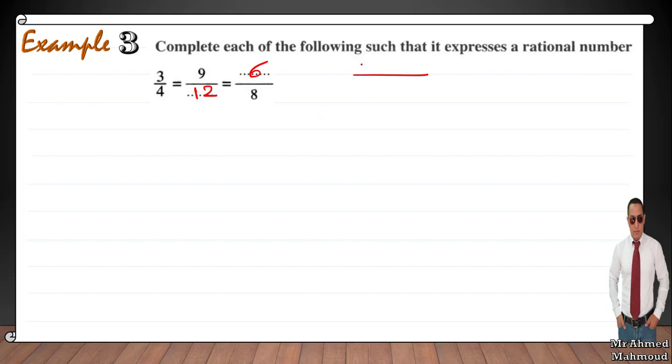You can use cross multiplication, 9 times 4 over 3 to give you 12, and 8 times 9 over 12 to give you 6, or you can multiply up and down by the same number. Both are correct.